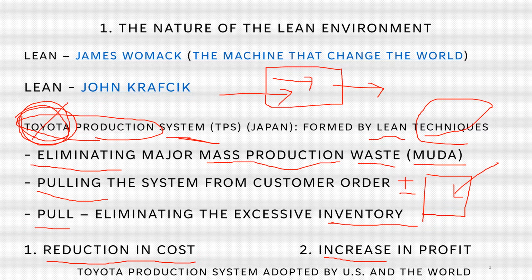They don't want to give that identification to a certain company, so they get rid of the word Toyota and put the common word lean in order to identify this type of production system. So the original name is TPS. Later we call it lean environment.